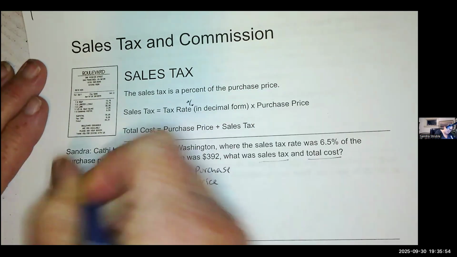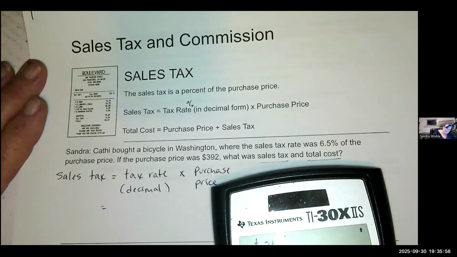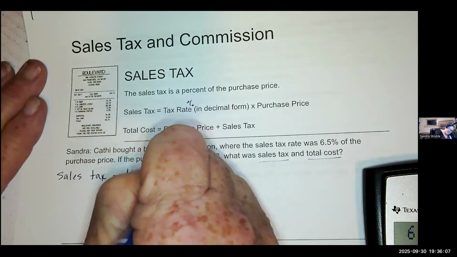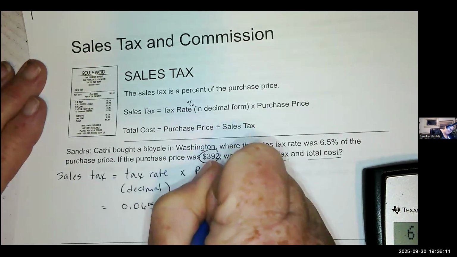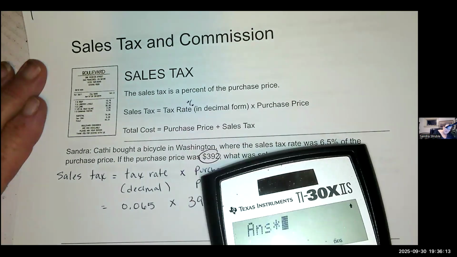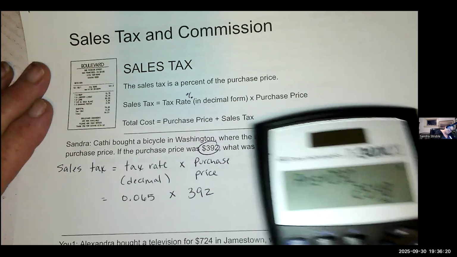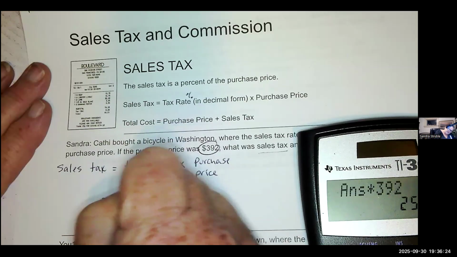Okay, so the sales tax, the tax rate is 6.5%, 6.5 divided by 100 to change it to a decimal is 0.065 times the purchase price of $392. So the amount of sales tax that they're paying for this purchase is $25.48. That's the sales tax.